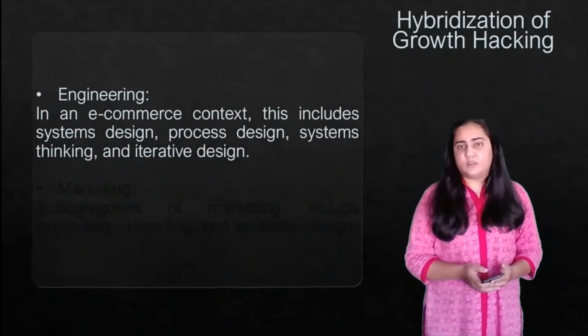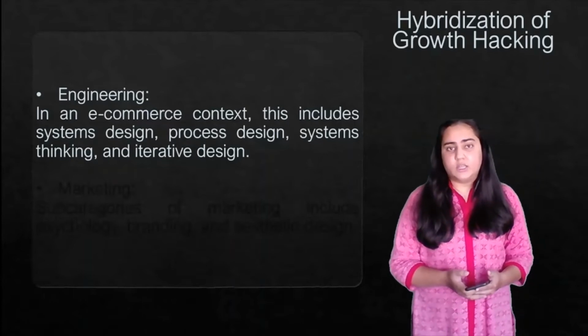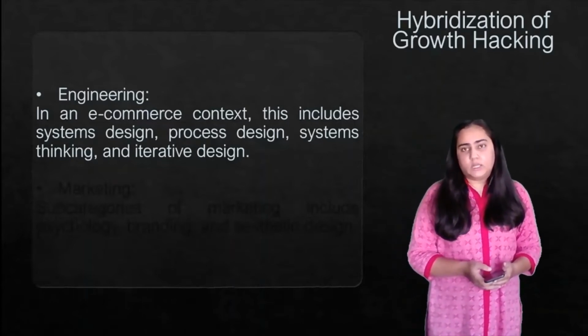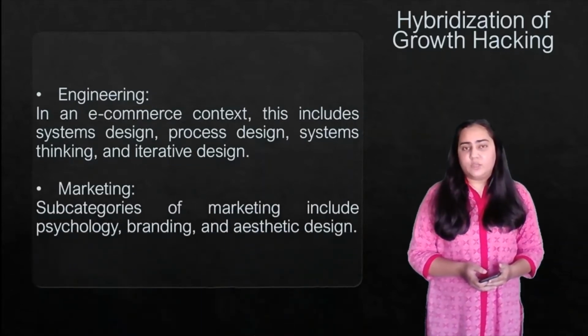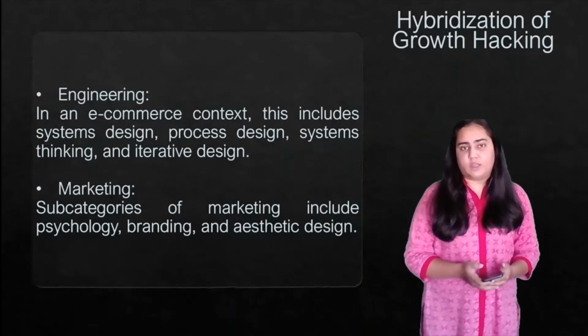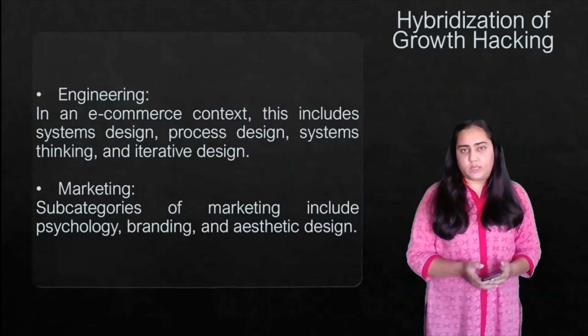In an e-commerce context, this includes systems design, process design, systems thinking, and iterative design. So these engineering approaches are needed to perform growth hacking. Next, we have marketing. The subcategories of marketing that are used for growth hacking are psychology, branding, and aesthetic design.